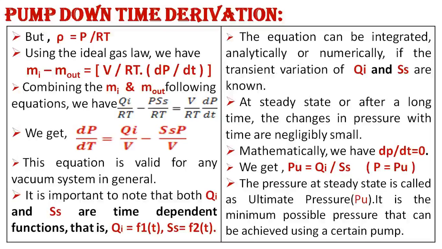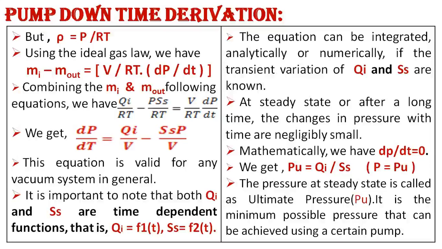By solving this equation, the RT terms are cancelled from both sides. So you will get dP upon dt is equal to Qi upon V, and the V term goes to the denominator, minus P S upon V. That equation is valid for any vacuum system.